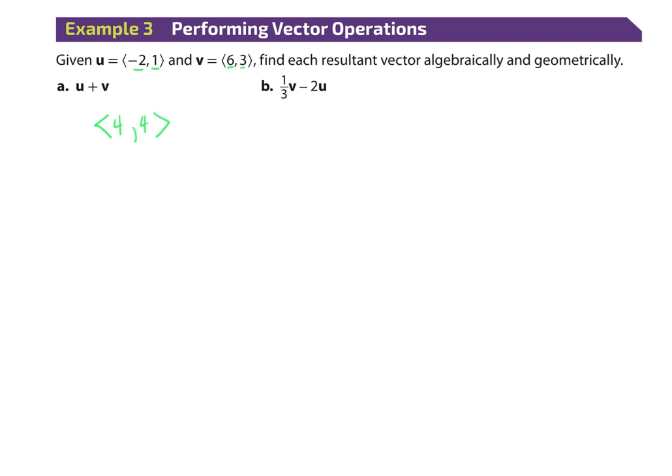For the next one, they have 1/3 v minus 2u. All right, so let's actually write it the right way. Distribute and solve. So we're going to get 6 times 1/3.